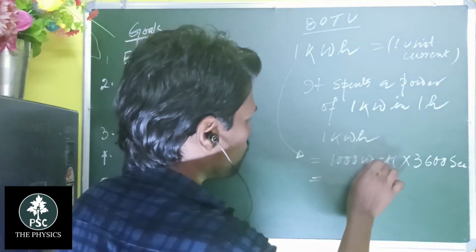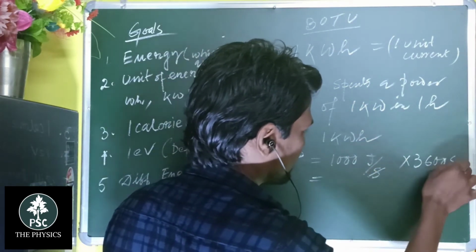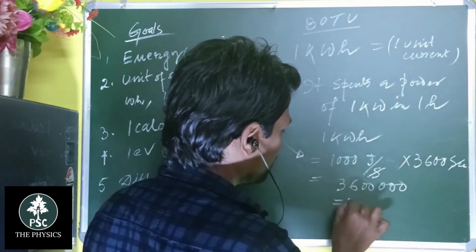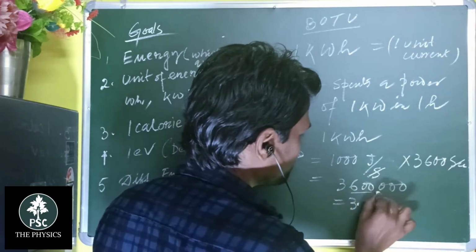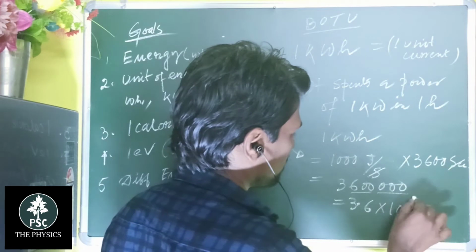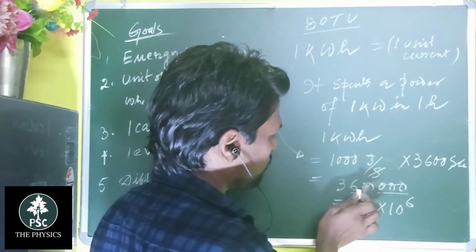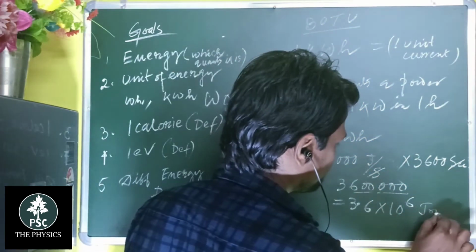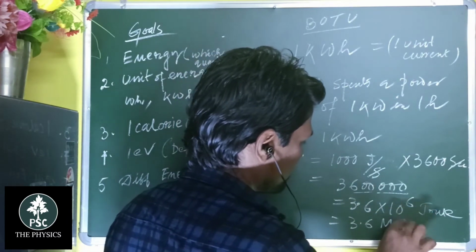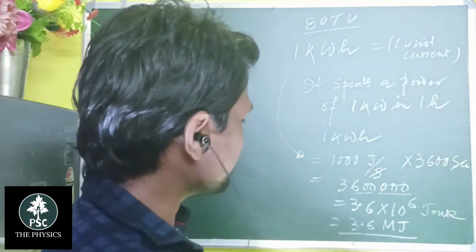Watt means joule by second, so in place of watt you can write joule by second, and second cancels. So we get 3600000, that is 3.6 into 10 to the power of 6 joule, or easily 3.6 megajoule.